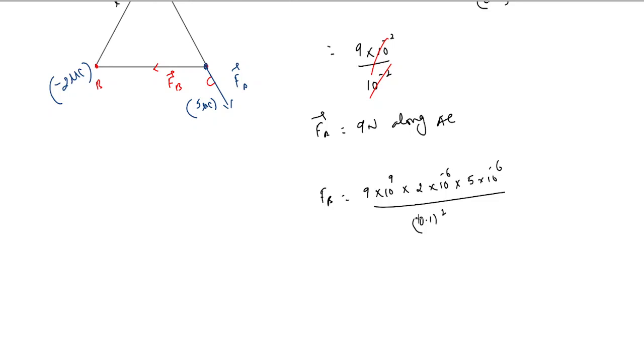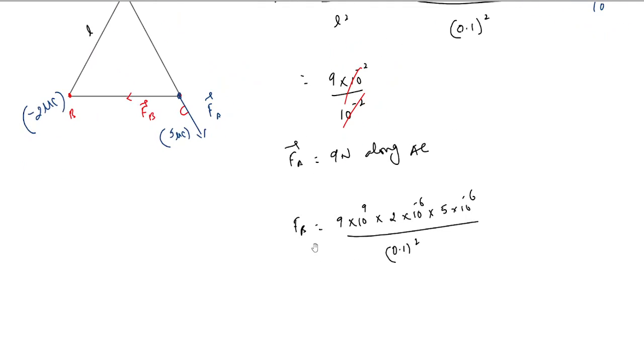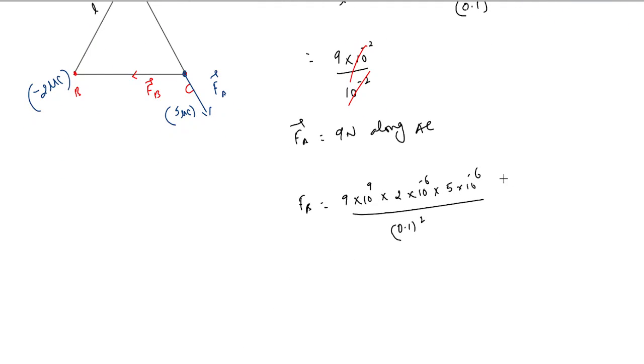Do remember that in Coulomb's law, we put only the charge magnitudes, not with direction. So this is same as the previous value. Look carefully, even this is equal to 9 Newton. In terms of direction, this Fb would be 9 Newton along CB. It's an attractive force. So there are two forces now.